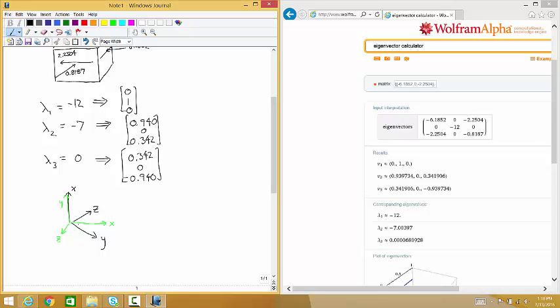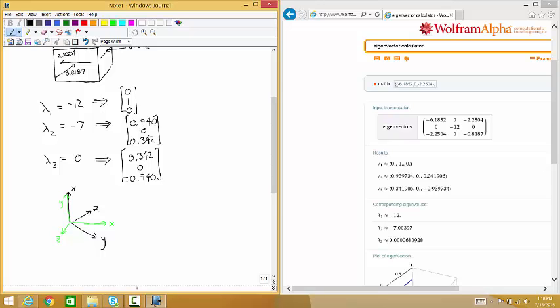Each one of those is an axis of the new coordinate system. So the vector 0, 1, 0 is the new x-axis. That looks like this. It's just in the old y direction. The new y-axis is 0.940 in the old x direction, 0 in the old y direction, 0.342 in the old z direction. So that's this. I'm just plotting out those points.